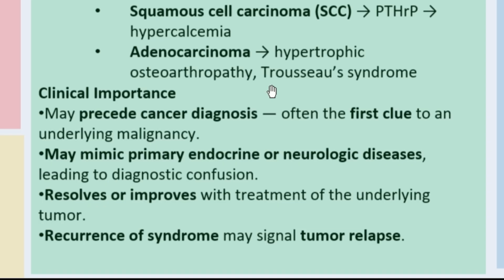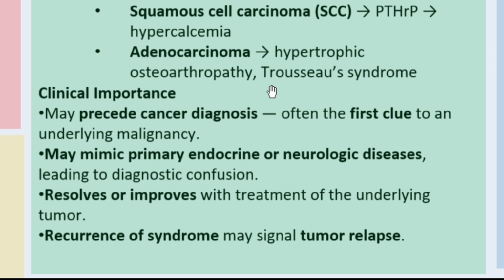Also, if you don't have suppression of this ACTH with high dose dexamethasone, then we can suspect that this is coming from an ectopic source, because when you have ACTH from a pituitary adenoma and you give a high dose of dexamethasone, there's going to be some suppression, at about greater than 50%.